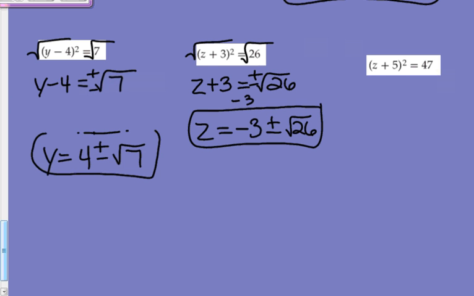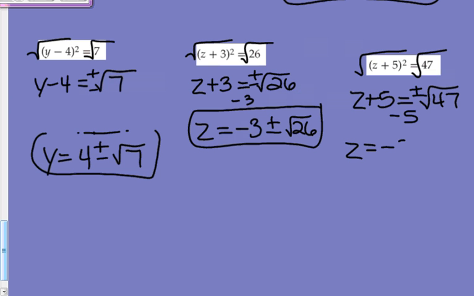And there's your answer. One more time to make sure you've got this down. Square root, square root. C plus 5 is the square root of the first one. And then it's a positive or negative square root of 47. So we bring the 5 over by subtracting it. So the answer is Z is negative 5 plus or minus the square root of 47.